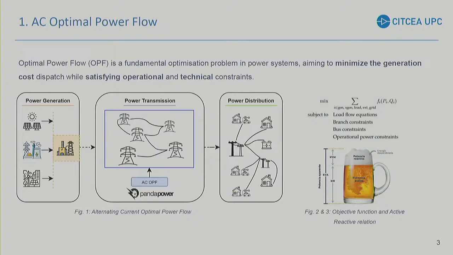Back to the presentation. There are many classical solvers that can deal with this problem, but the one we are using is the interface of Pandapower, which solves the optimal power flow using the interior point solver, where the starting point of the optimization is the center of the operative constraints.